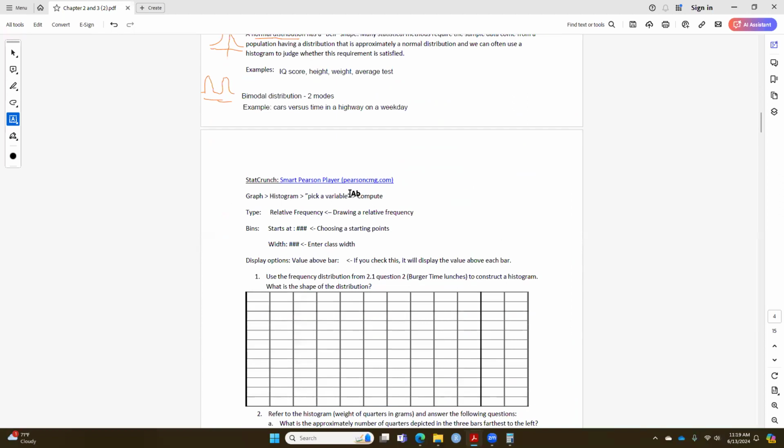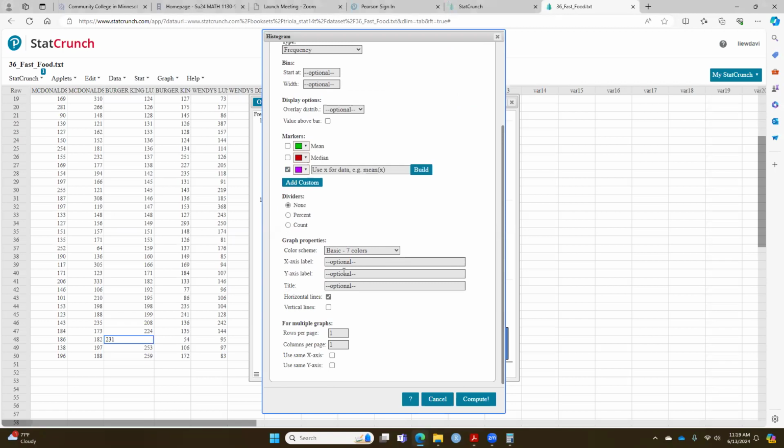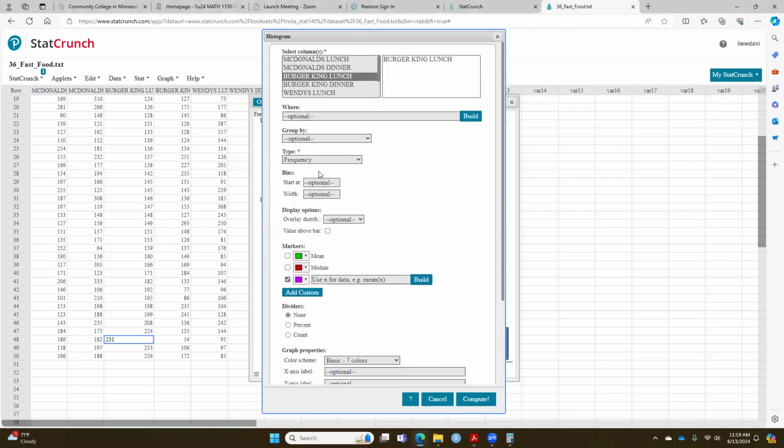Relative, histogram type, pick a column, compute. Bins, I'll look at bins, sorry, that would be bins. I think it's way down here. Where is the bin? I don't see bin. There you go, bins. I see it. So bins means where you start at.